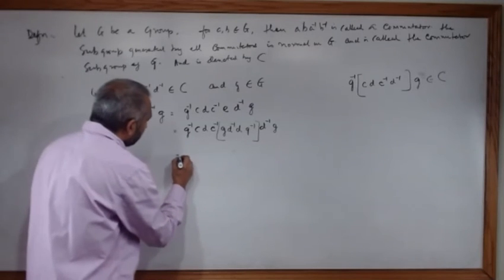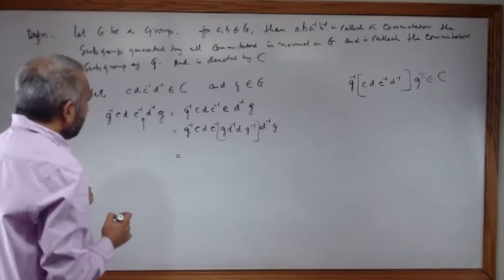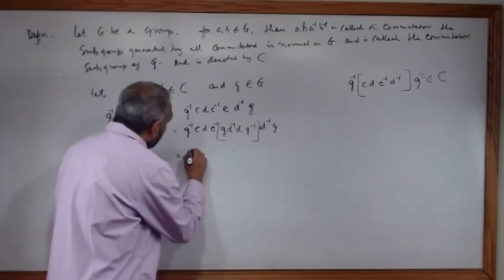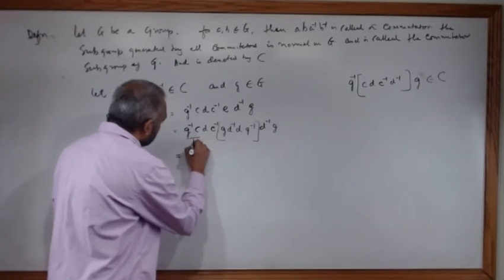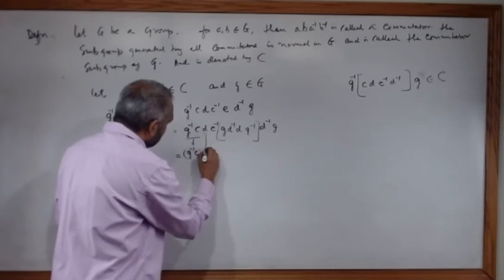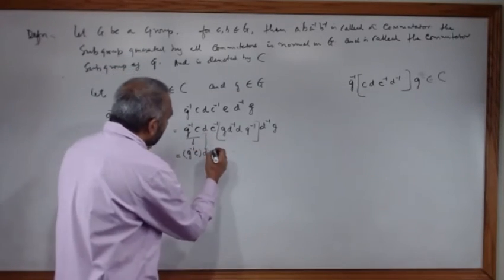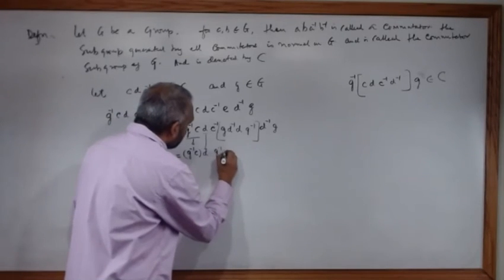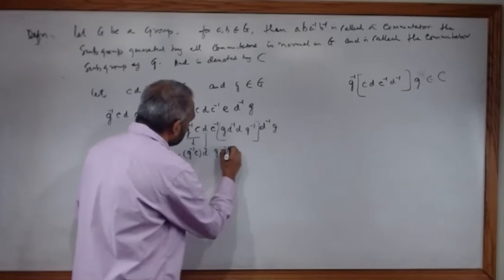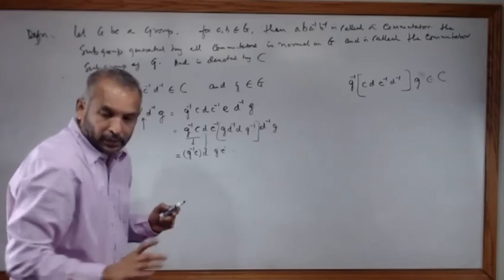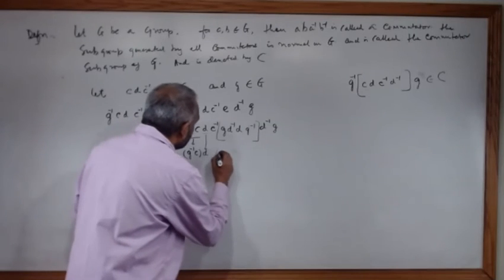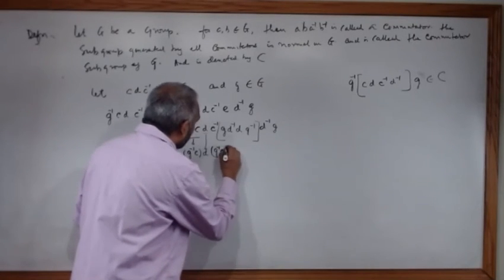Now this is actually G inverse C, these two, and D, this one, I'm going to write as G inverse C inverse G, or this can be written as G inverse C inverse.